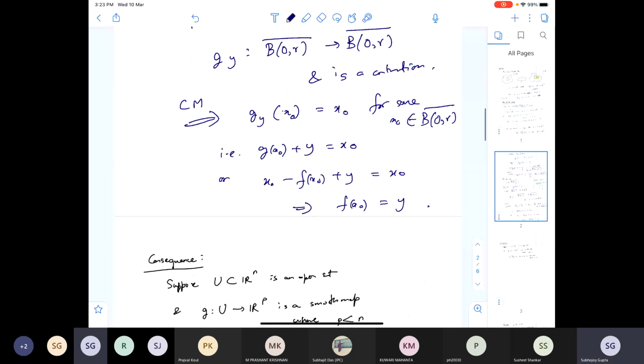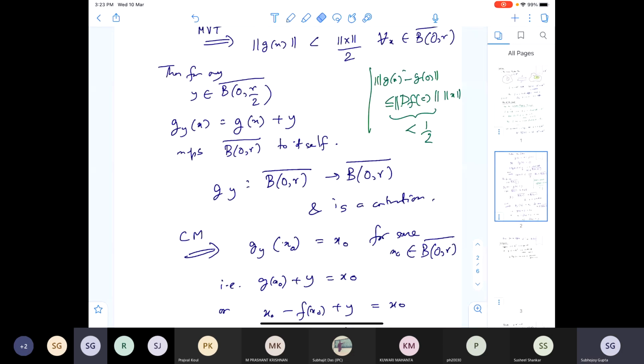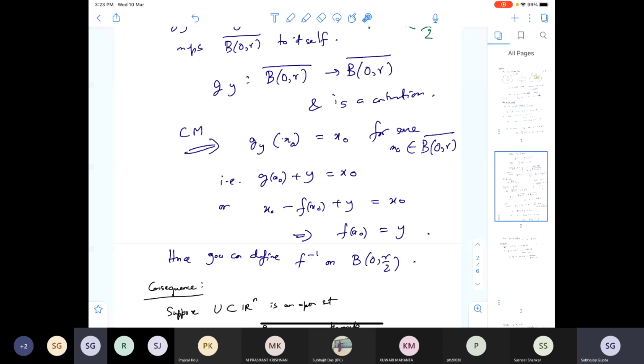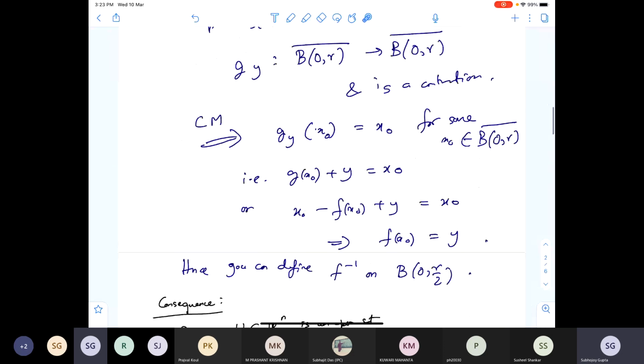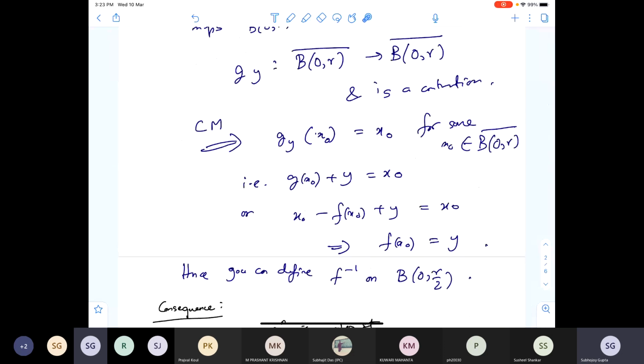So hence you can define f inverse on B(0, R by 2), where y was. By the way, there's also uniqueness, but maybe it does matter here.